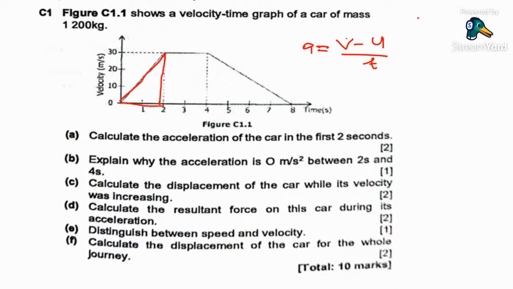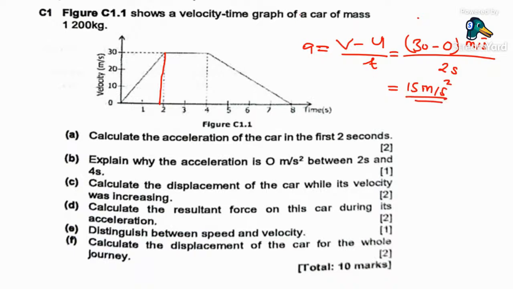The graph starts from the origin, so initial is 0, and final, where it ends in the first 2 seconds, is 30. So you say 30 minus 0, in meters per second, divided by the time, which is 2 seconds, as indicated. 30 minus 0 is just 30, divided by 2 gives us 15 meters per second squared.